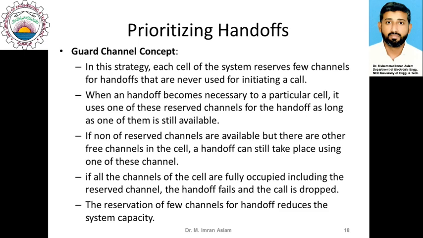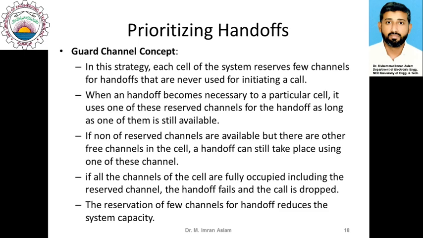Even if all the reserved channels are already used by other users and a handoff request arrives, and there is another free channel which is not reserved, the cell will still entertain the handoff request using one of its other remaining channels. But if all the channels, including all the reserved channels, are fully occupied, the handoff will fail and the call will be dropped.